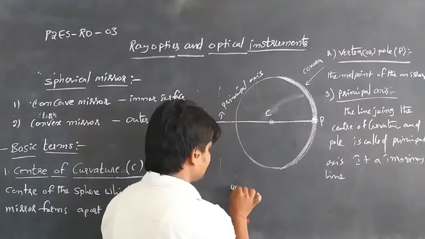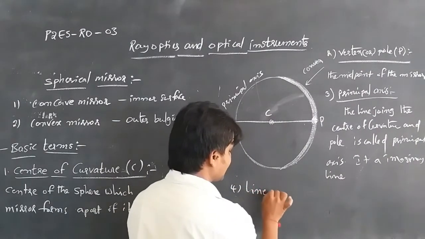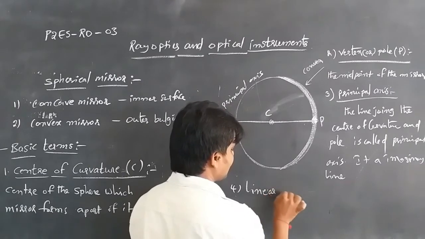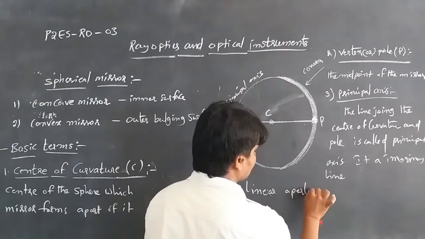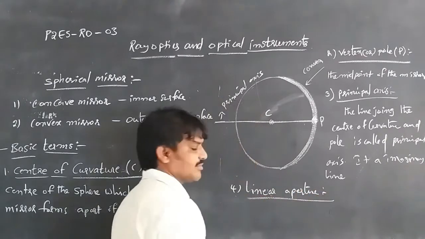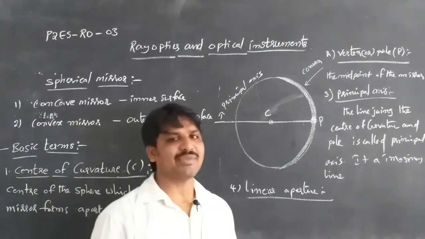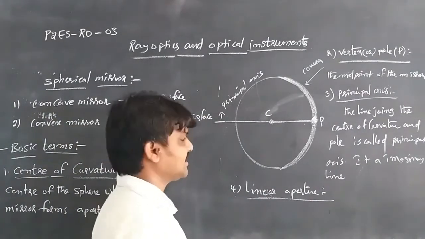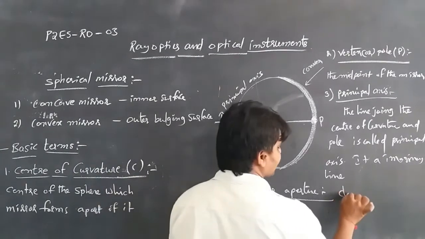The next one is linear aperture. Linear aperture means the diameter of the mirror.